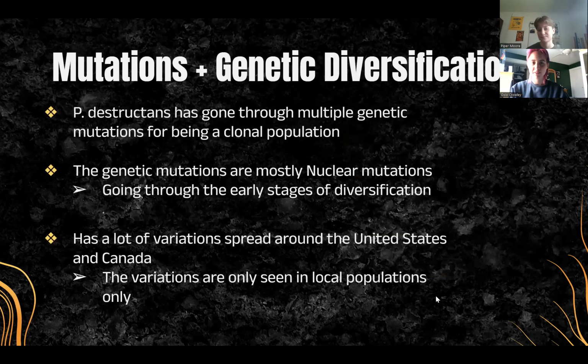Okay, I believe this would be the mutations. So, mutations and genetic diversification: since its introduction to the United States, P. destructans has gone through multiple genetic mutations, despite being only a clonal group of a variant from somewhere in Europe. And so how does this become a cause for concern?